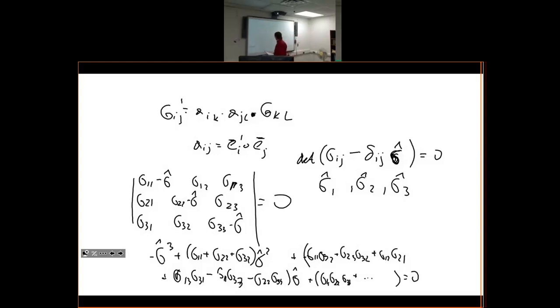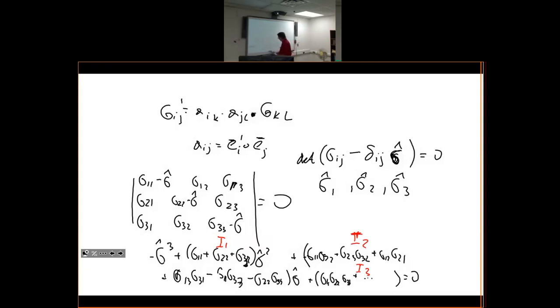This summation of the radial components 1 1, 2 2, 3 3 is the so-called first invariant. This is the second invariant, and this is the third invariant.